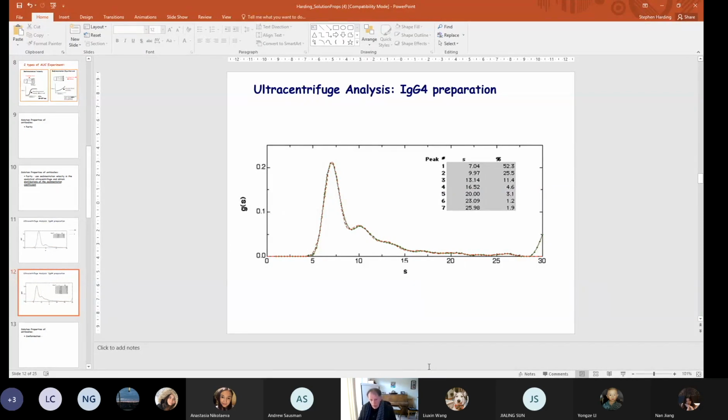So that's why the analytical ultracentrifuge is deemed as a gold standard method. And also, if parts of the antibody molecule were coming apart, like the Fab fragment or Fc, you'll be able to pick that up as a peak at a lower value of the sedimentation coefficient. So this would fail quality control.